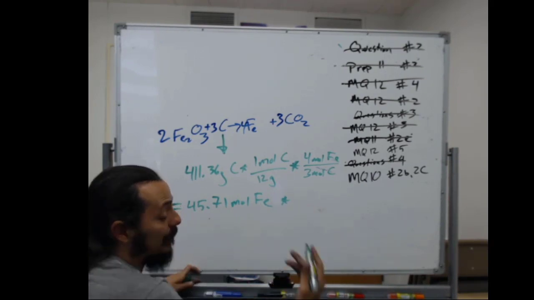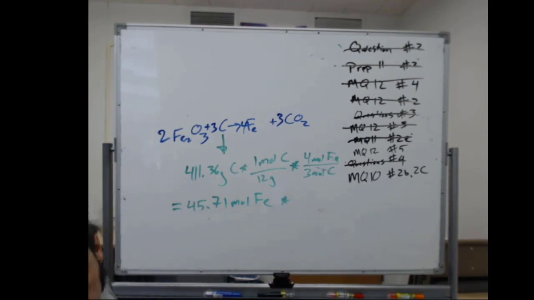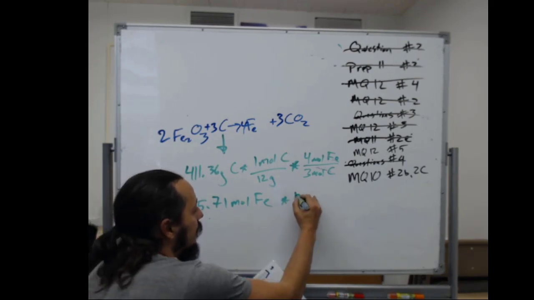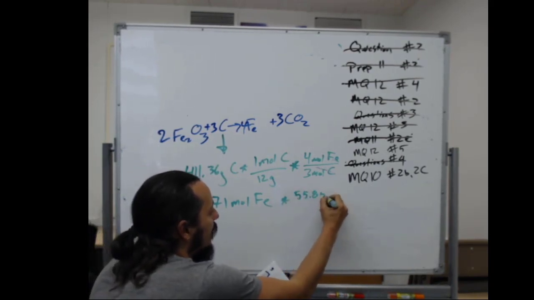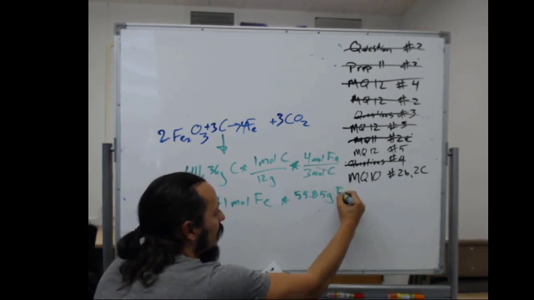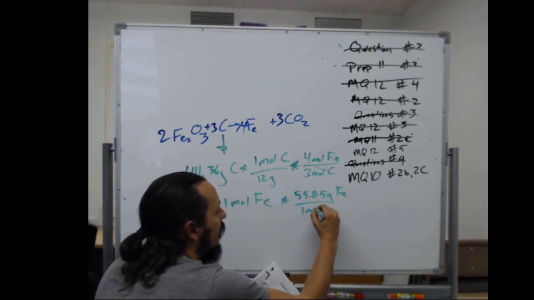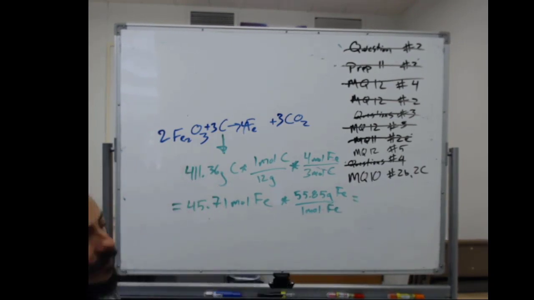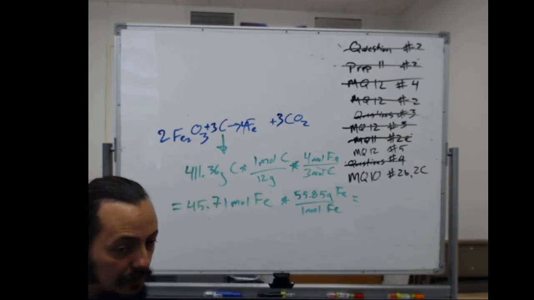We'll then multiply by the molecular weight of iron, which we get from the periodic table, 55.85 grams of iron per 1 mole of iron. And that should get us the amount of iron produced.